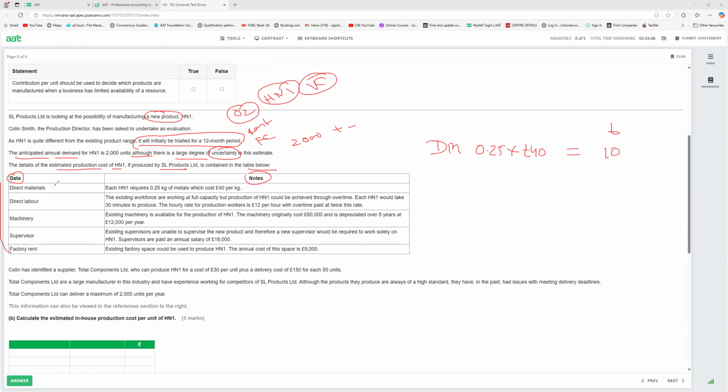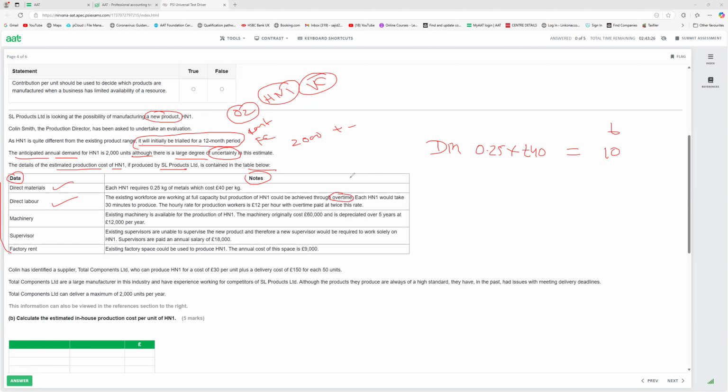And then you have direct labor. Direct labor is also relevant because it's a variable cost. The existing workforce are working at full-time capacity, but production of HN1 could be achieved through overtime. So this is one important point. Employees need to work overtime.